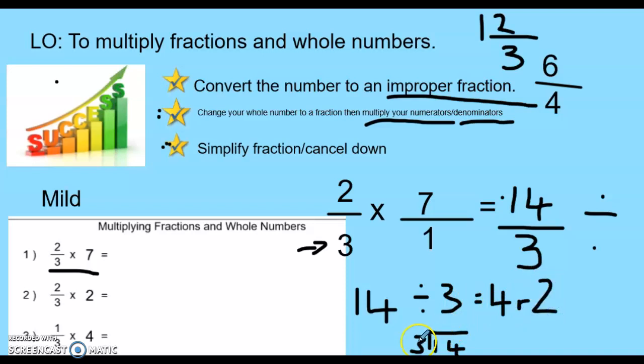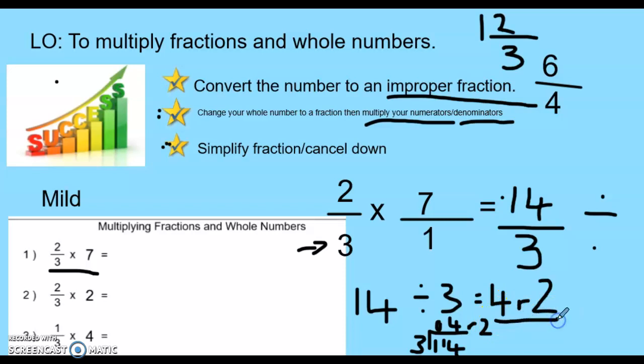With the bus stop method, 3 does not go into 1, so I carry that 1 over to make 14. 3 goes into 14 4 times, with remainder 2. So 14 divided by 3 is 4 remainder 2.